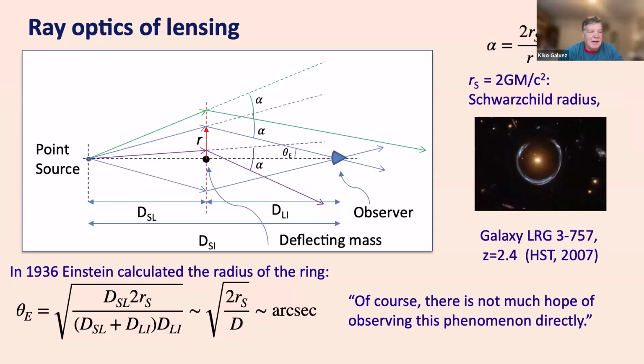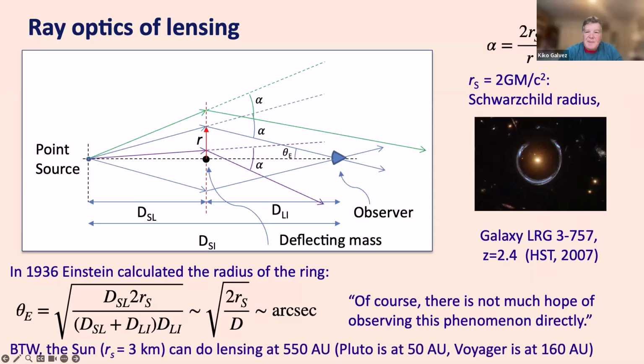And here is a very nice example of an Einstein ring taken by the Hubble Space Telescope, and here you can see that the ring is not a pure ring because the object is extended, some galaxy. So just to give you a little sense, the Schwarzschild radius of the sun is 3 kilometers, and so we could do lensing with the space deformed by the sun, but we need to be at 550 astronomical units.